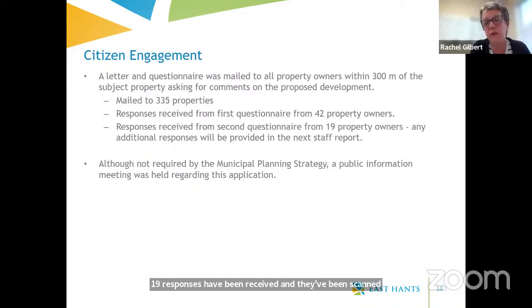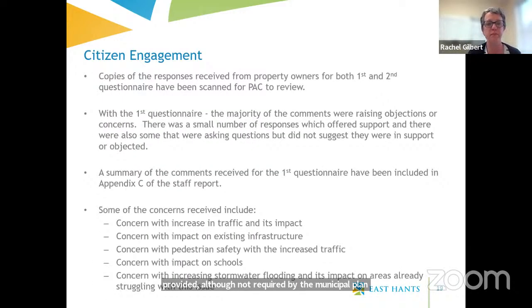And as of the posting of the agenda, I've received 3 more questionnaires, and they are very similar comments to what's been already provided. Although not required by the municipal plan strategy, a public information meeting was held regarding this application. So with the first questionnaire, the majority of the comments were raising objections, but there was a small number of support questionnaires. Summary of the comments have been included in Appendix C.